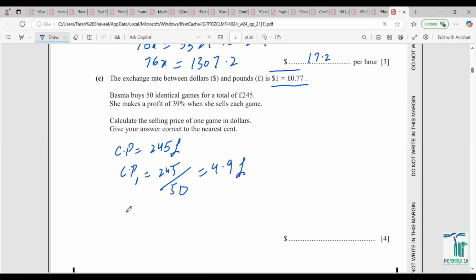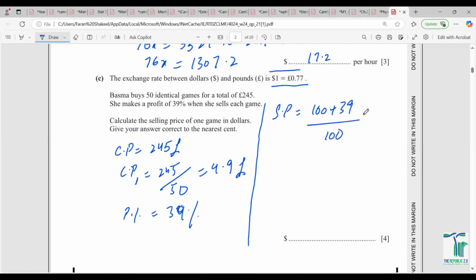She makes a profit. So profit percentage is 39%. And now calculate the selling price of one game in dollars. So we need to calculate the selling price. Now, if you want to calculate the selling price, all you need to do is 100 plus the profit of 39, divided by 100, multiplied by the cost. That was 4.9 pounds. So 4.9 times 139 divided by 100.